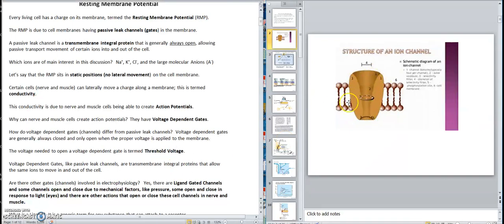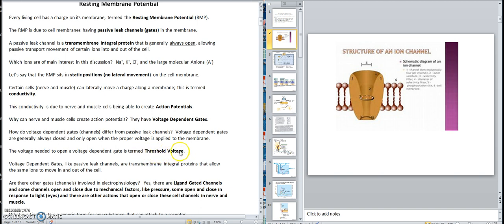But they are generally closed and only open when necessary, and that has to do with when a voltage is applied. There's a certain voltage you have to reach, and that particular voltage is called threshold voltage.